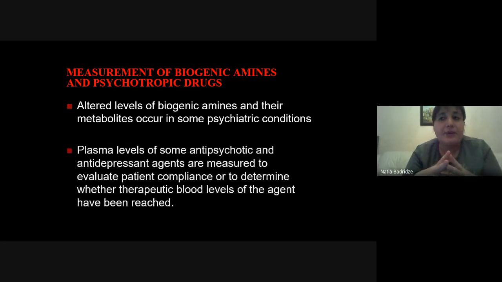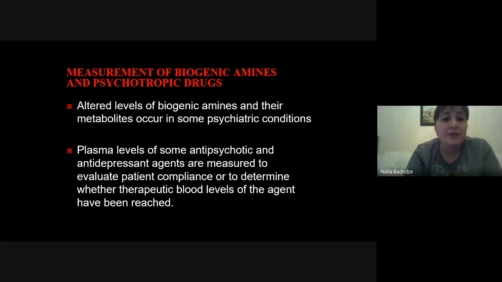For biological assessment of people with psychiatric disorders, it is necessary to determine different chemicals in the brain and in the blood, because some psychiatric disorders are associated with altered levels of different neurochemicals.